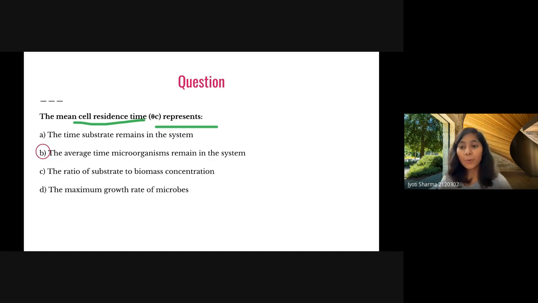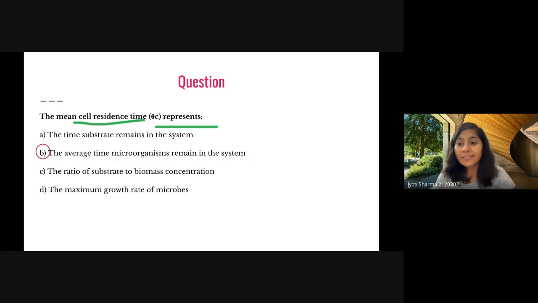So this is also important. The average time microorganisms remain in the system, either 2 hours or 3 hours or 4 hours, because based on that it will be decided how much organic matter will be degraded or consumed by the microorganism.